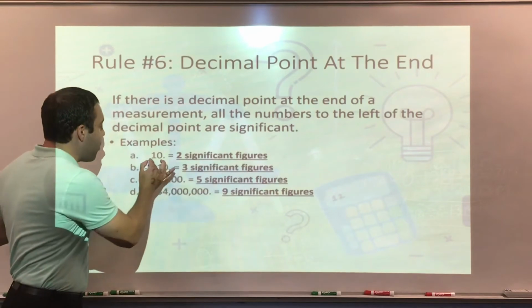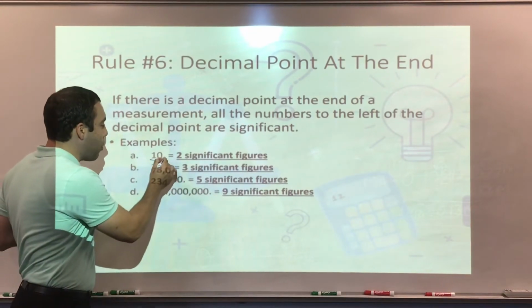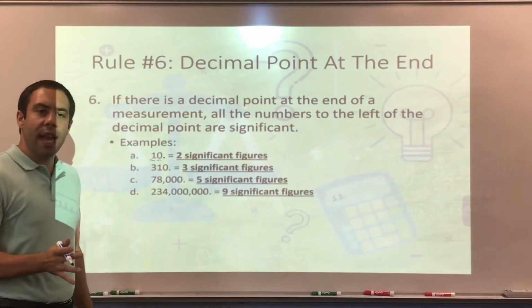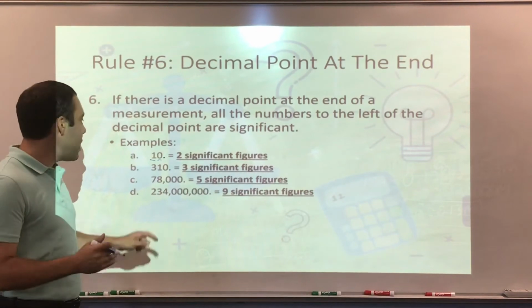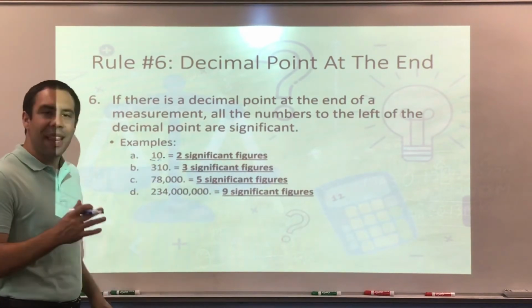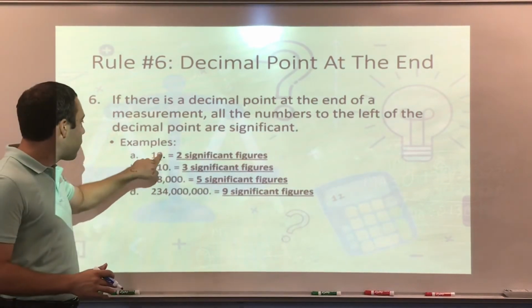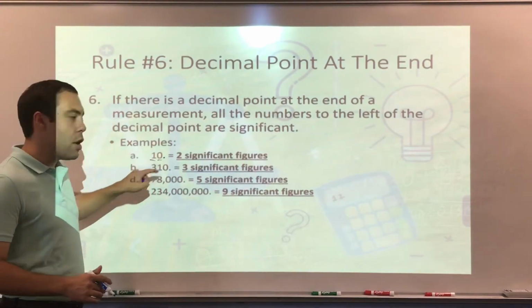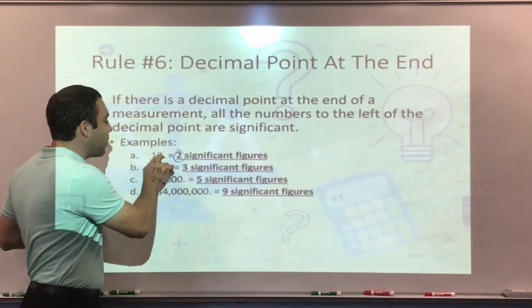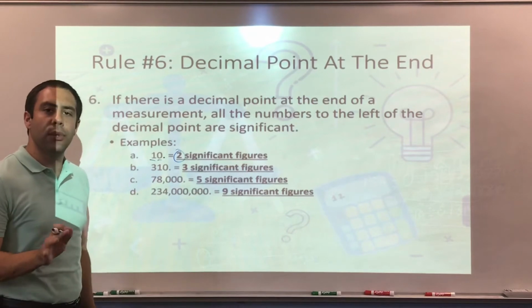But now, if we put 10 with a decimal point, that scientist or whoever is writing down that number is telling you that they measured to the nearest whole number here. So therefore, 10 with a decimal point at the end will have 2 significant figures.